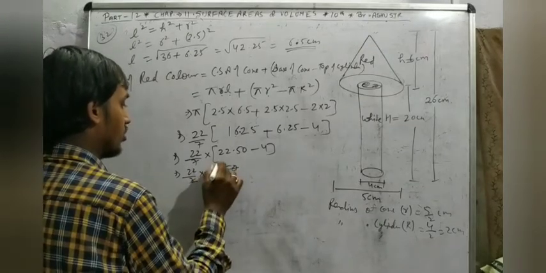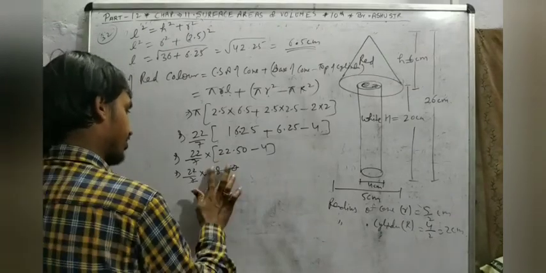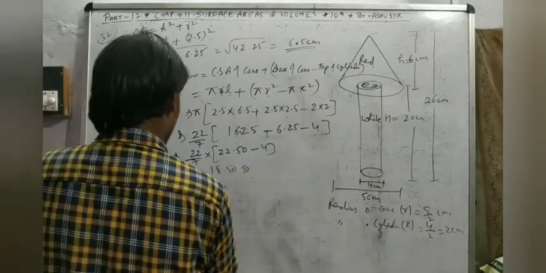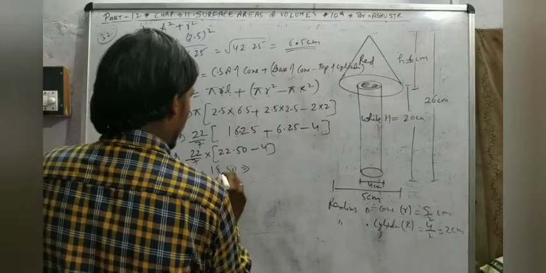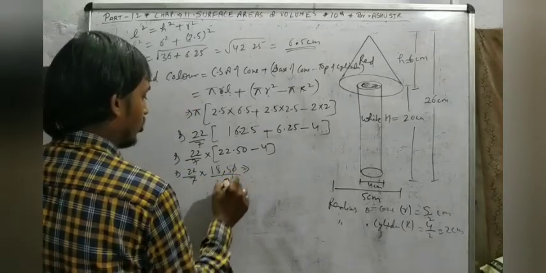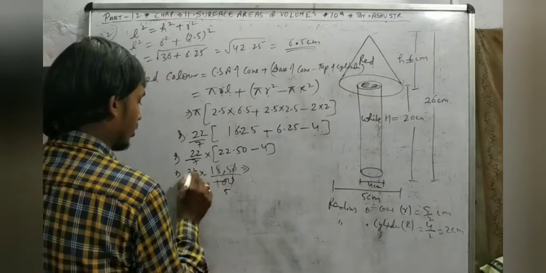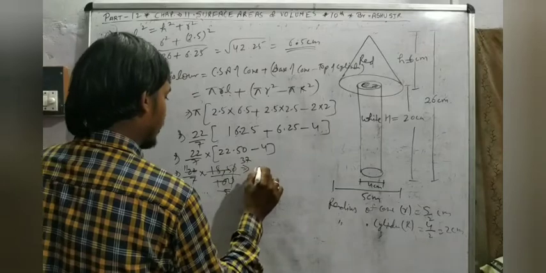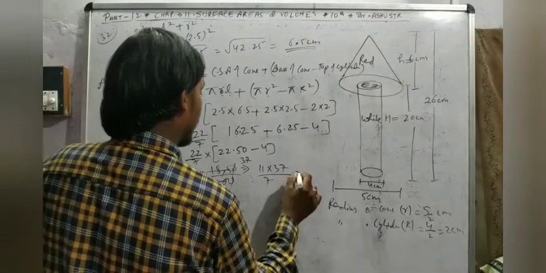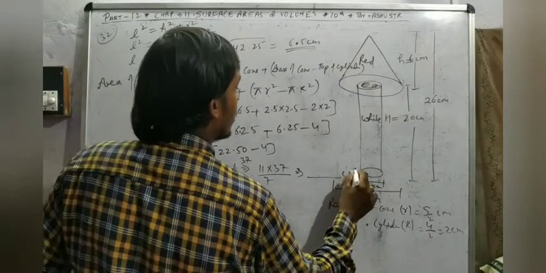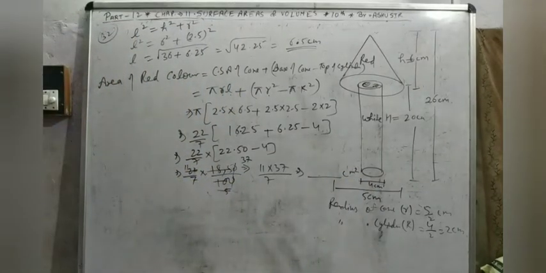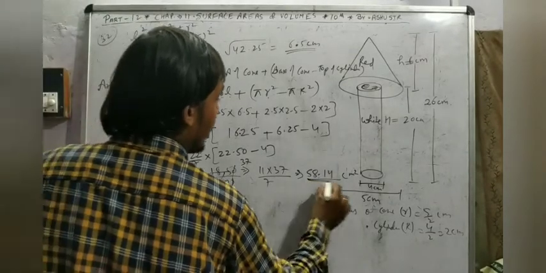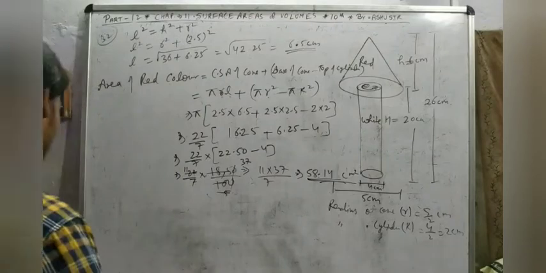Simplifying, 22/7 into 37/2 gives 11 into 37/7. Multiplying, we get the area of red color, 58.14 centimeters square.